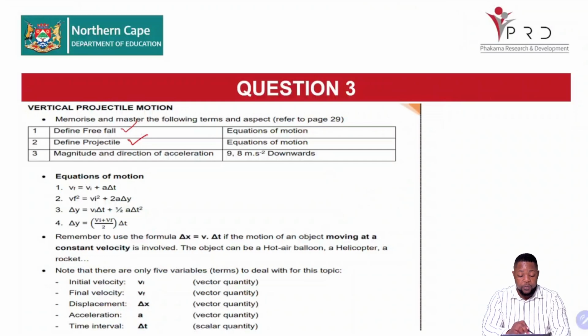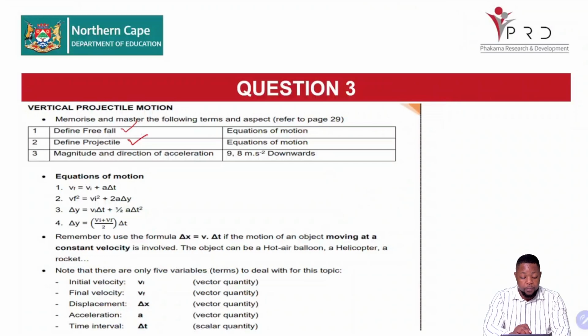When defining free fall, remember all the definitions will refer to the examination guideline 2021. Free fall, just pay attention, it will talk to the motion of an object under the influence of gravitational force only.